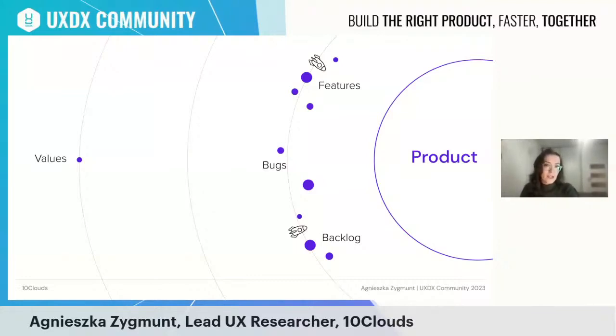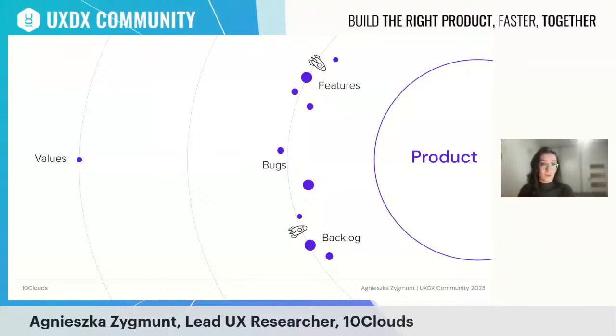But when we are thinking about values, in most cases they are somewhere behind, like the last orbit of this planet. We know that this kind of information exists, but to be honest, we don't exactly know how we should use it to build the product.